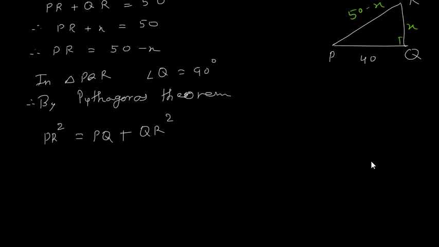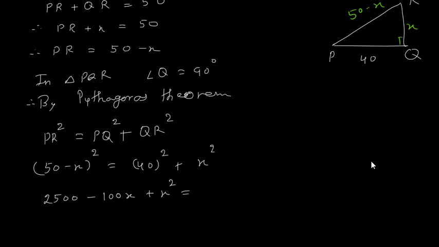So (50 minus X) square equals the value of PQ, 40 square, plus the value of QR, X square. Now (50 minus X) square is what? A square, which is 2500, minus 2AB, that is 100X, plus X square. Here it is 4 4s are 16, so 1600 plus X square.